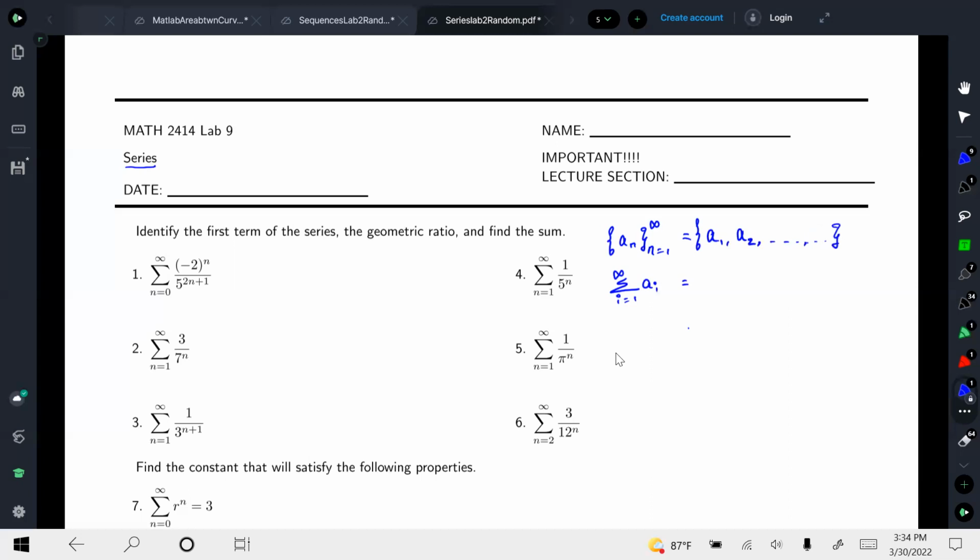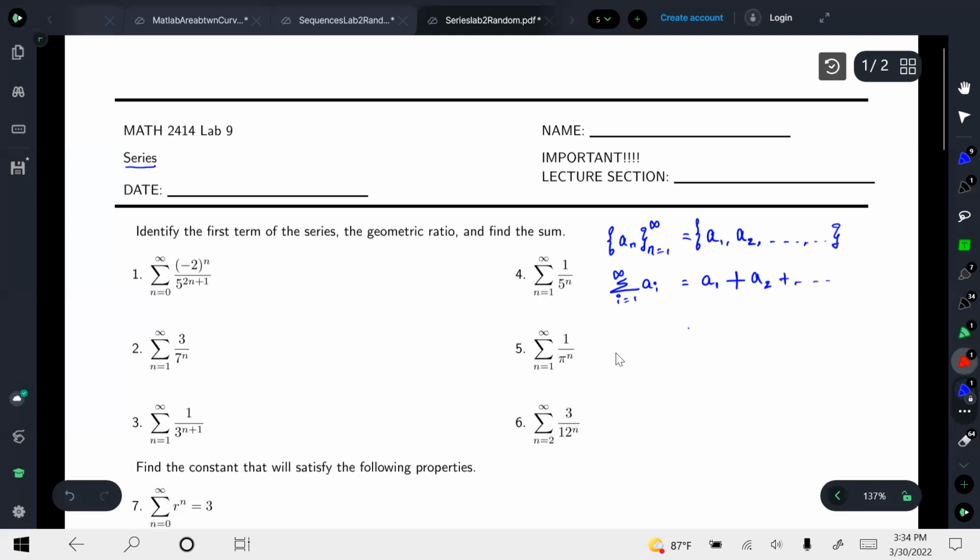So this is a sequence. Now, when it comes to series, how do you expand this? This will be a1 plus a2, because we have a summation symbol, a1 plus a2 plus and so on up to infinity, right? Now tell me what are the differences between these two?